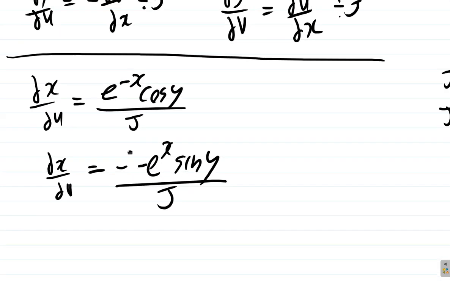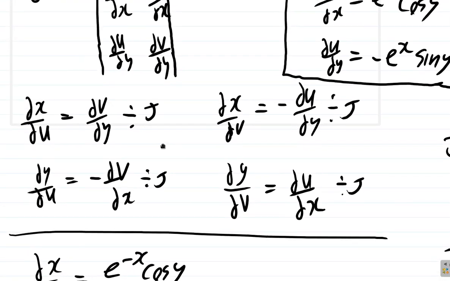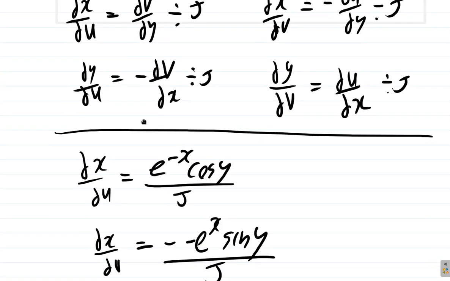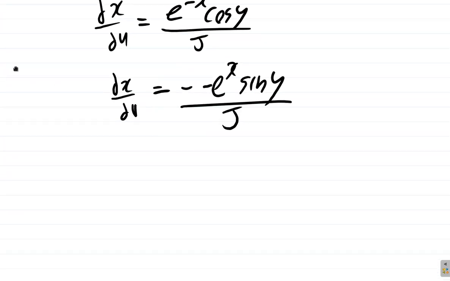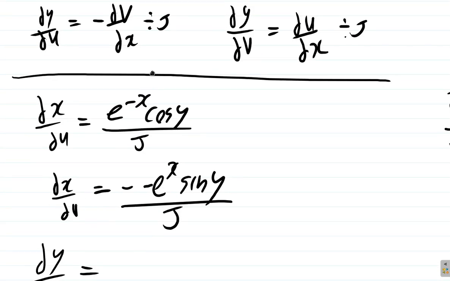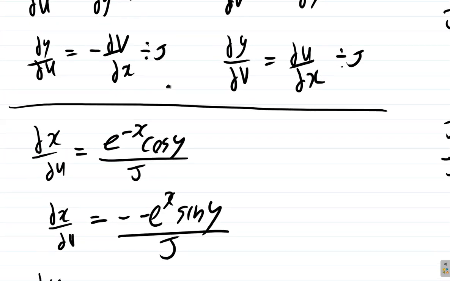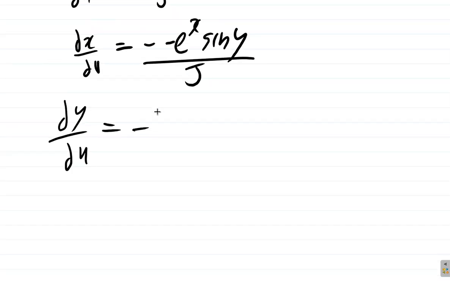Okay, good. Then, next, we look for the two delta y's, delta y by delta u. So delta y by delta u is equal to negative delta v by delta x divided by the Jacobian. So this will be over the Jacobian.